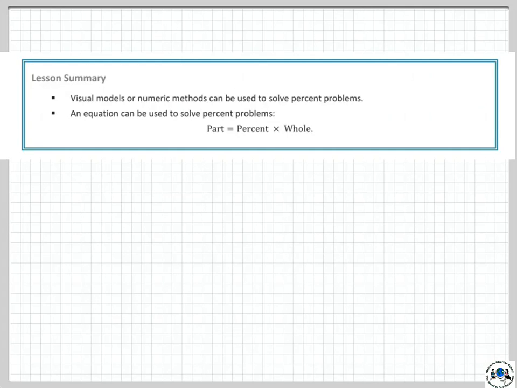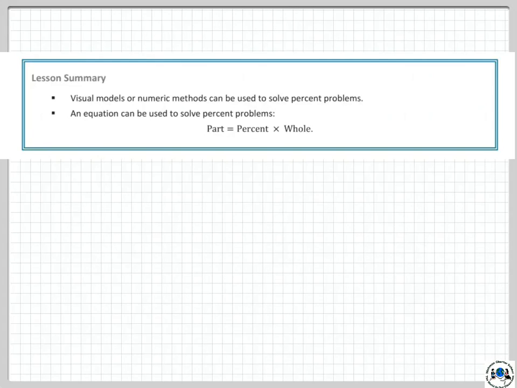In summary, the point they were trying to make is going from all different ways: trying to find the percent given the whole and the part, trying to find the part given the whole and the percent, trying to find the whole given the percent and the part.